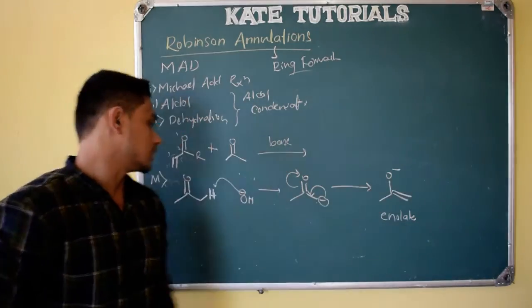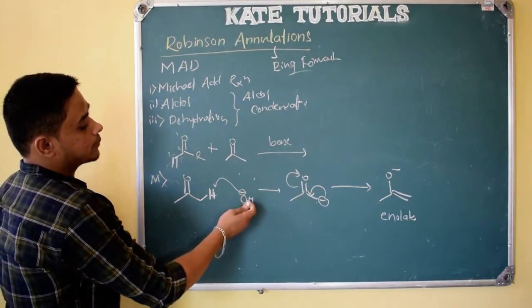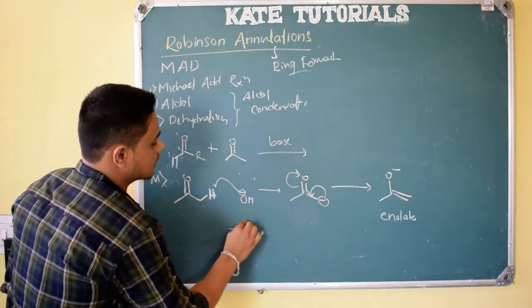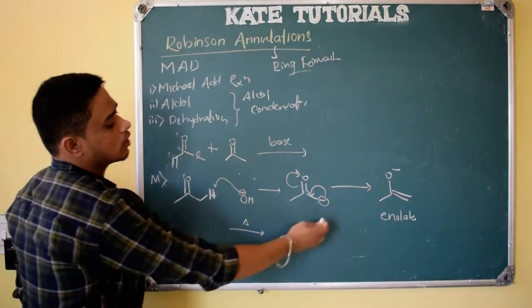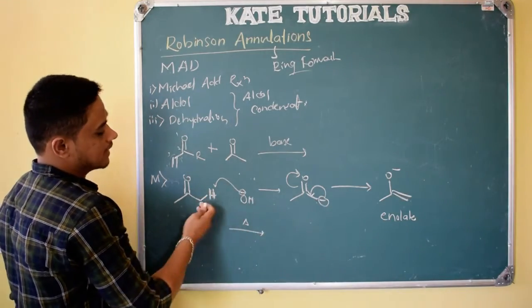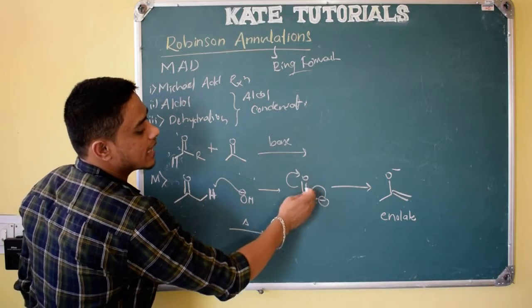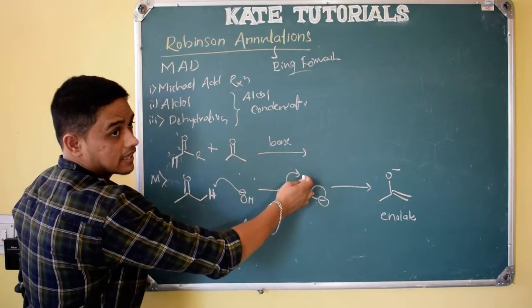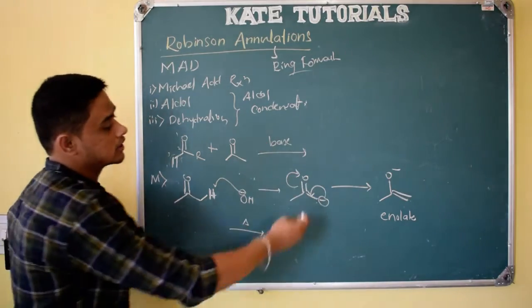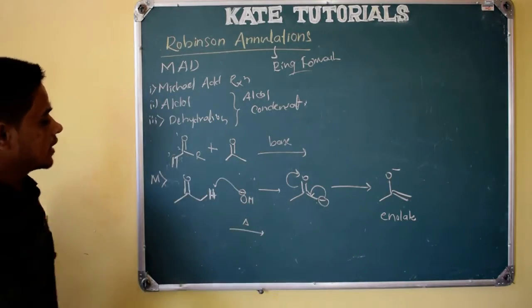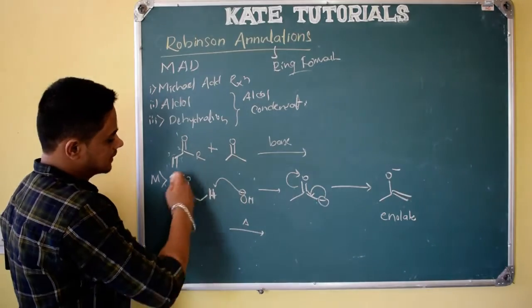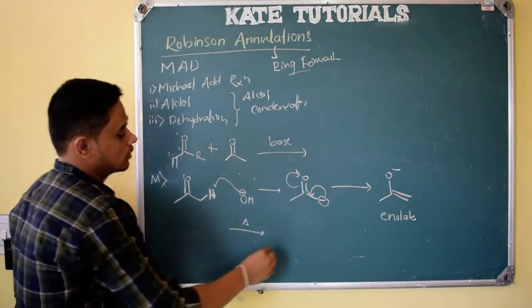Negative charge on oxygen. Sometimes in absence of base also this reaction occurs in thermodynamic condition, because these protons will be acidic. Why are these acidic? Because as it goes as H plus, negative charge comes on carbon which is stabilized by the oxygen by resonance, and oxygen is more electronegative, it can easily hold the negative charge, right? Enolate. In the absence of base, if I heat the same aldehyde or ketone, what will I get?